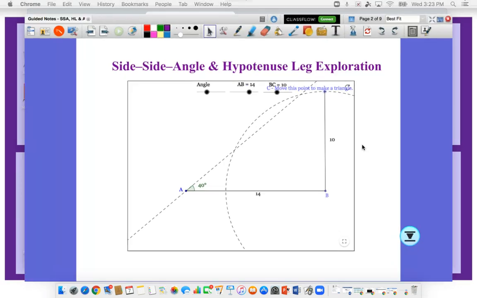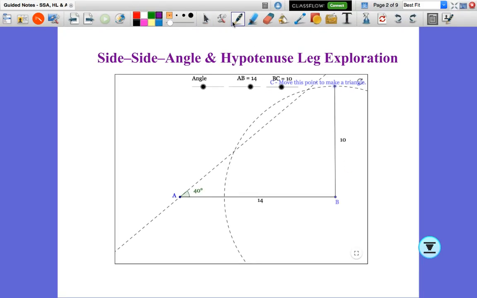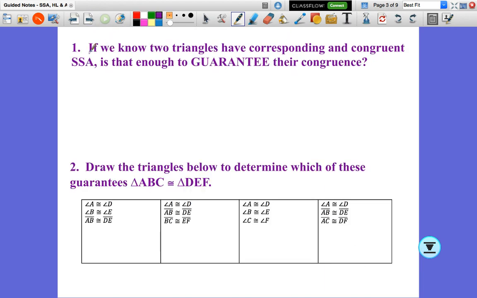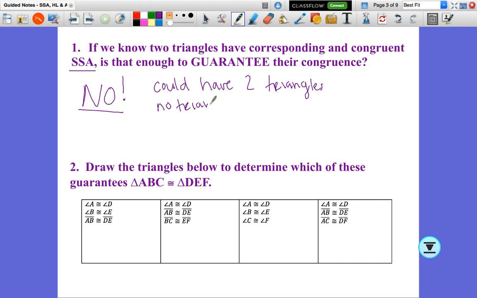This is actually called the ambiguous case, and it is something that you will learn later on. So what we're getting at here is, if we know 2 triangles have corresponding and congruent side-side-angle, is that enough to guarantee congruence? No. We just looked at it, right? It could have 2 triangles, no triangles at all, or 1 triangle.